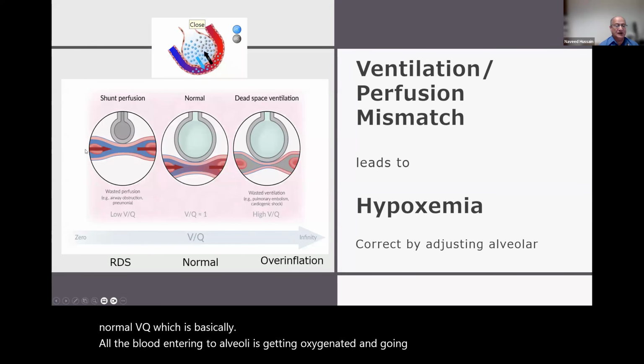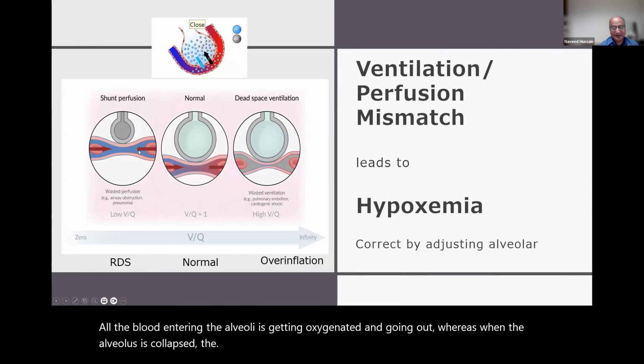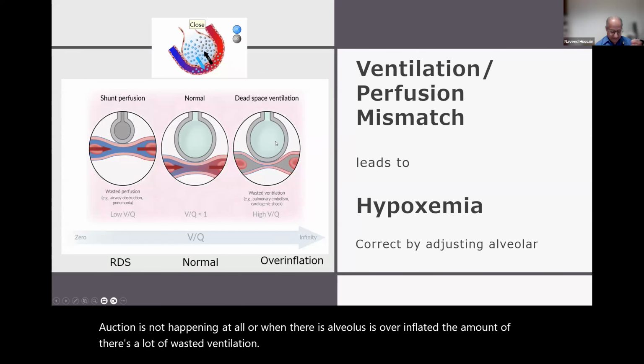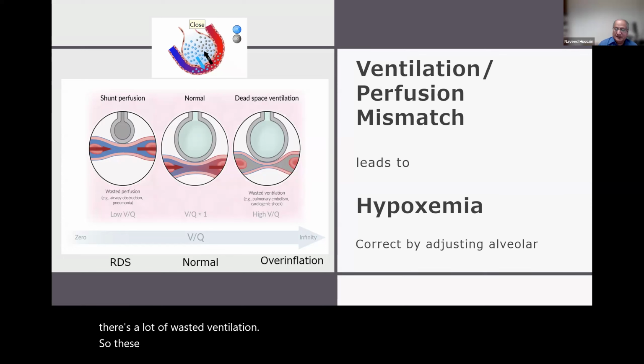Whereas when the alveolus is collapsed, the oxygenation is not happening at all, or when the alveolus is overinflated, there's a lot of wasted ventilation. So I want you to keep these things in mind as we go to the next part of the talk.